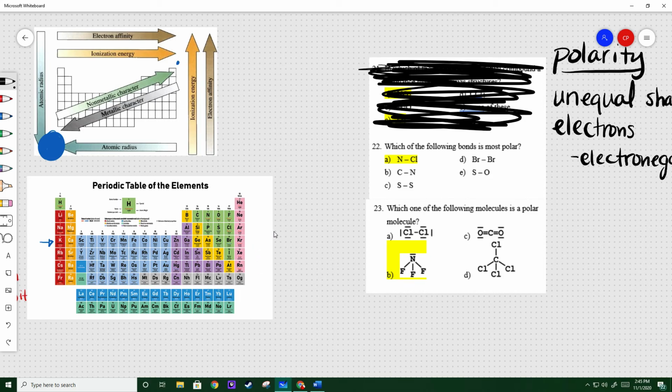So let me draw it down here, in light blue. As we move across, except for these, which are not going to be on there because they have no electronegativity. And then as you move down, electronegativity decreases. And this is increase.